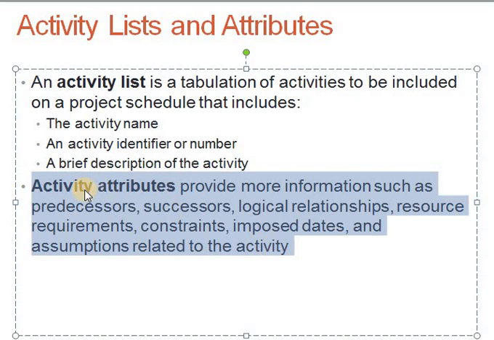So in order to define the activity attributes, we need to provide the information regarding the predecessor activities of an activity, the successor activities of an activity, the relationship of those activities, the resource requirements of those activities, the constraints or conditions imposed, and the dates which we strictly have to follow, and the assumptions related to that particular activity.